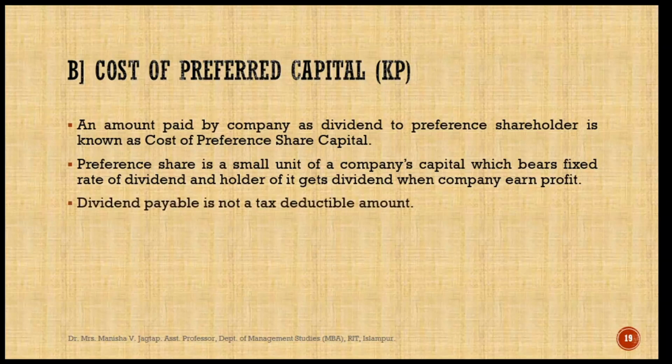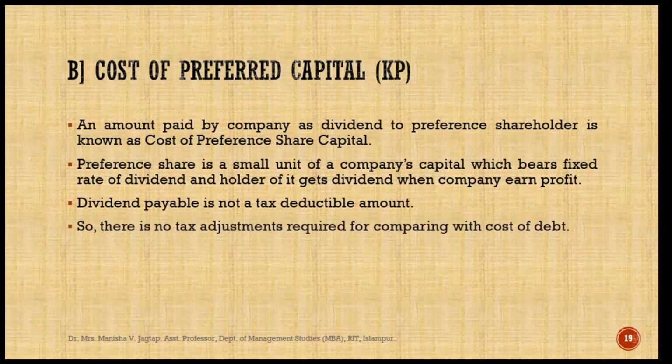Dividend payable is not a tax deductible amount, so there is no tax adjustment required for comparing this with cost of debt. So this is about the cost of preference share capital.